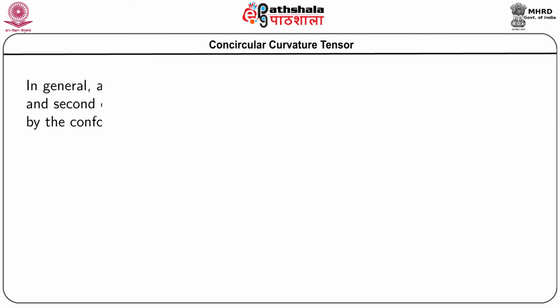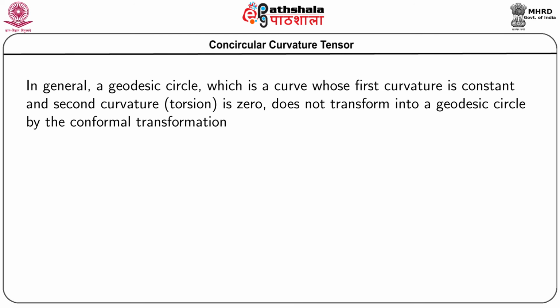Now, for the concircular curvature tensor, we know that in general a geodesic circle, which is a curve whose first curvature is constant and second curvature, that is torsion, is 0, does not transform into a geodesic circle by the conformal transformation.